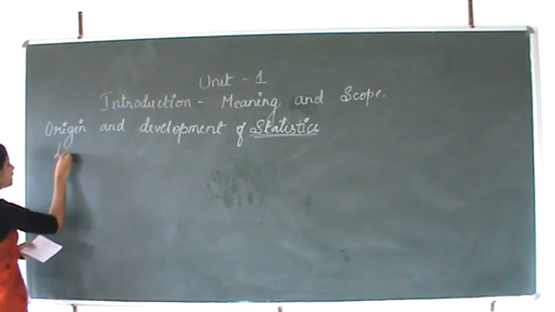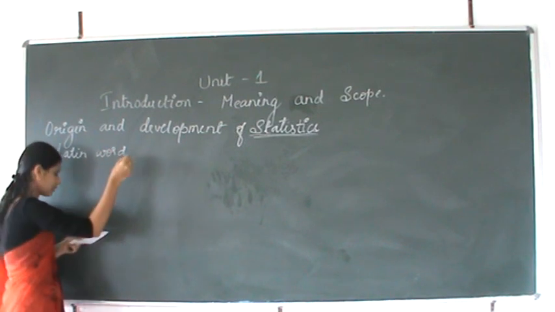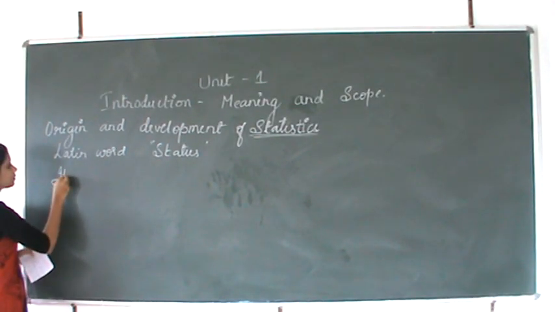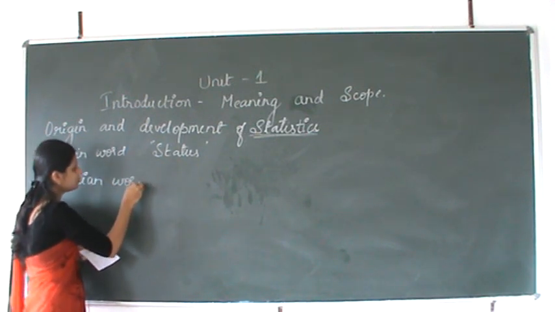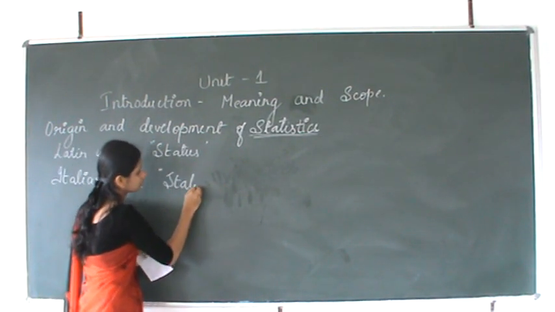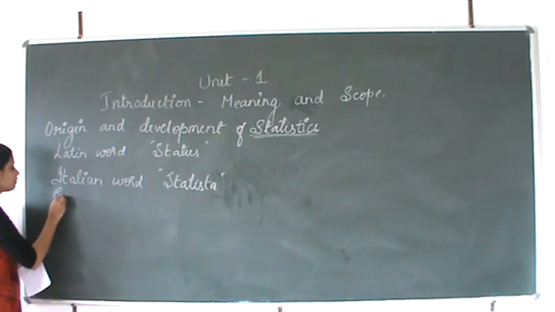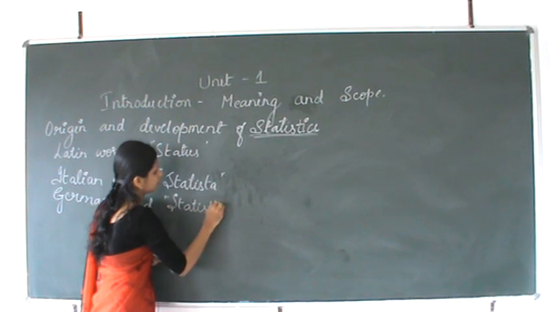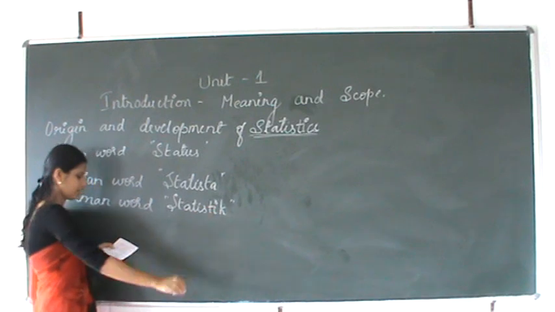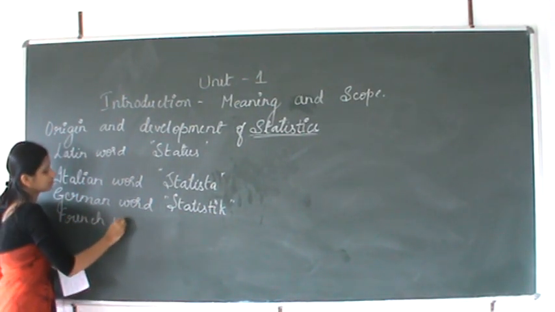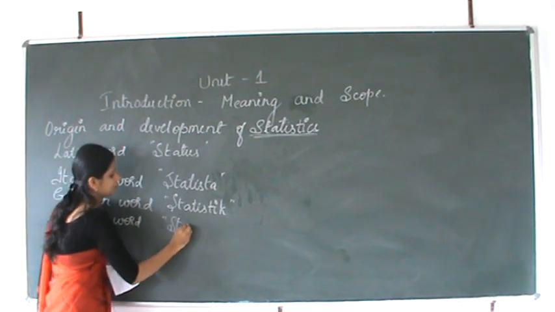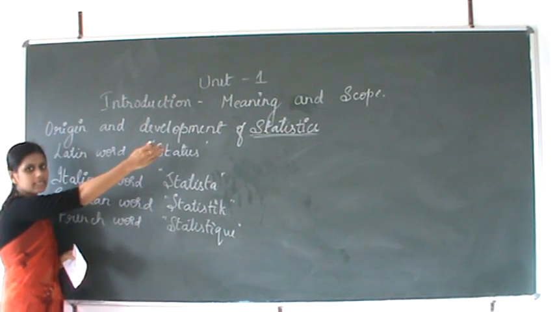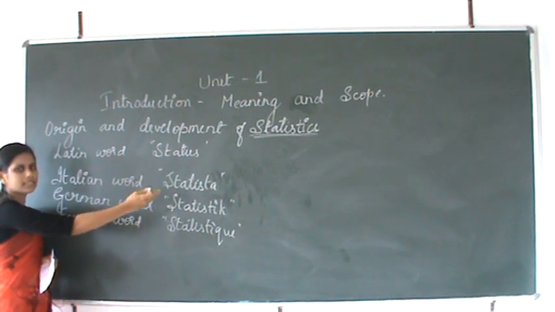First of all, it is derived from a Latin word status, or an Italian word statista, or a German word statistik, and we can see the difference in spelling, that is K. Next, a French word statistique, Q-U-E.